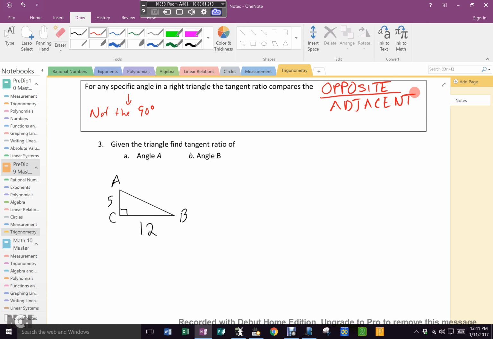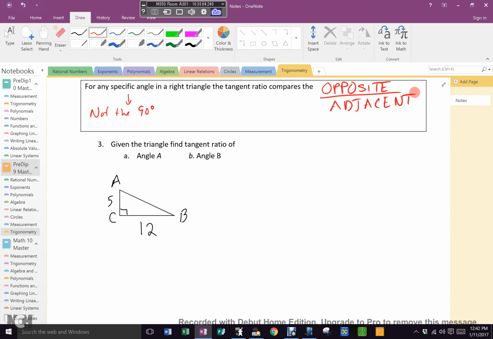What if Sophia is doing the tangent? Now what's opposite? Vicky, me. And what's adjacent to Sophia? Sophia, Vicky. Understand?